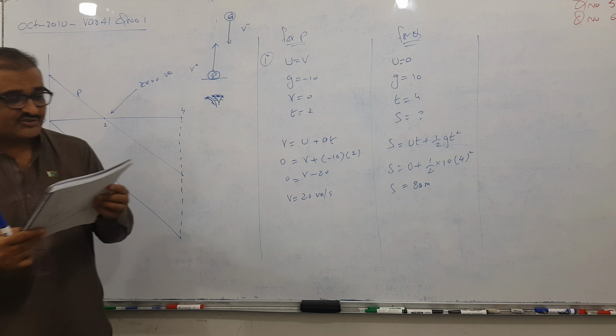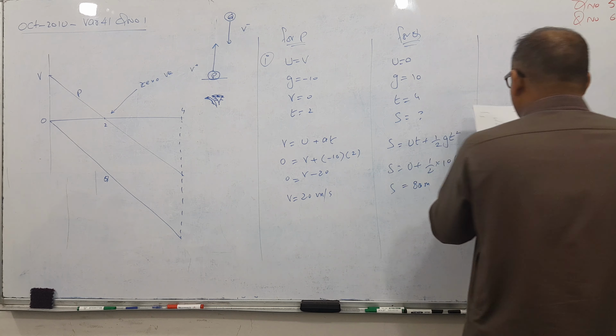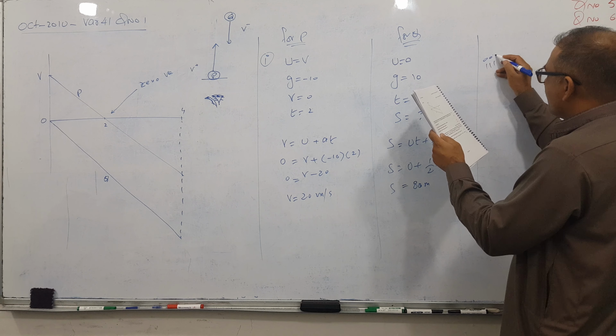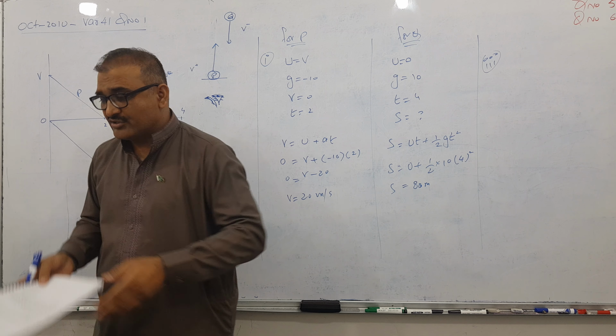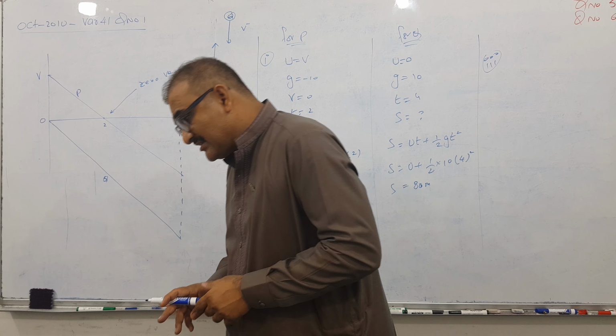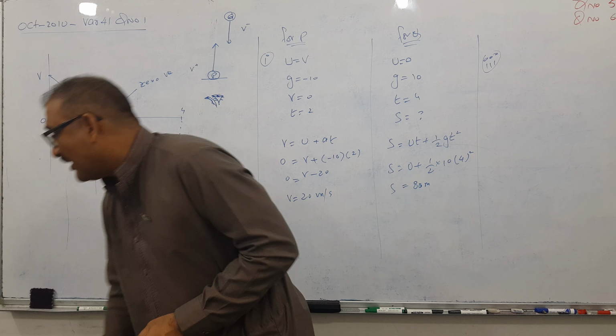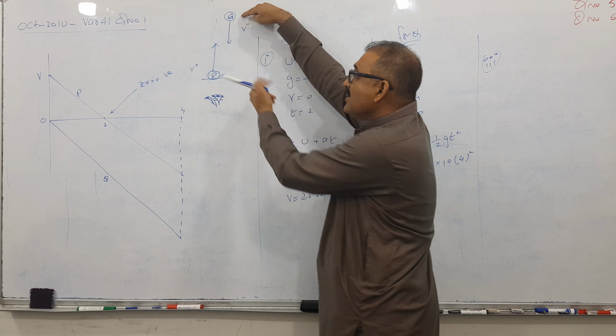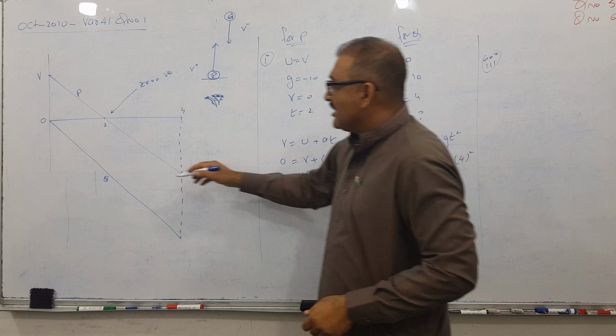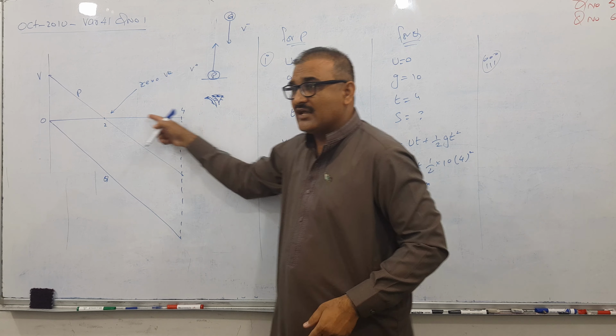He said part third. It's a 2-mark question. The height of Q above the ground. When time was 0, I want to find this height. Naturally, the area of this triangle will give the answer.